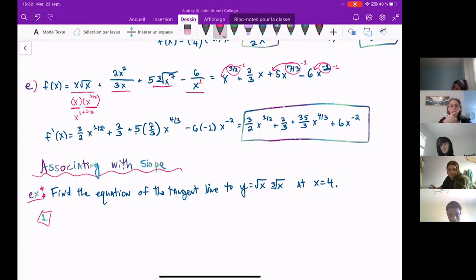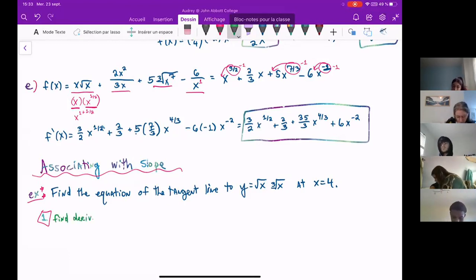What is the first thing you need to do in order to find the equation of a tangent line? So we don't plug in 4 first. We are going to have to simplify in this particular case. Yes, Jenny, we find the derivative of the function in order to find the slope. So I'm just going to remind you guys of that here.